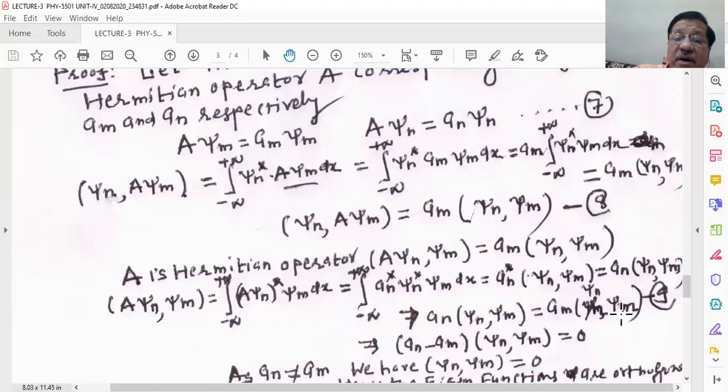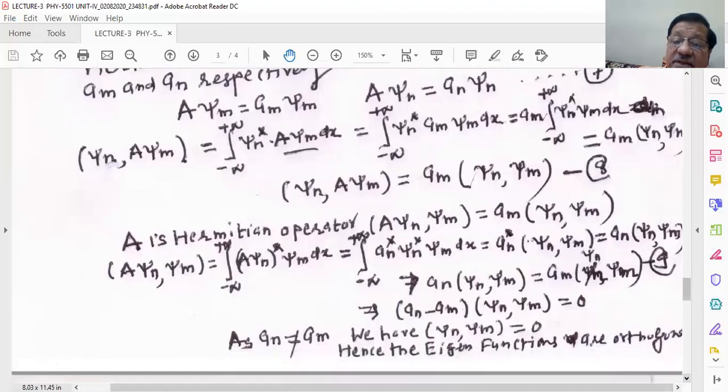So please remember, once you compare these two, equation number 8 and 9, you can write an times the scalar product of ψn with ψm is equal to am times the scalar product of ψn with ψm.